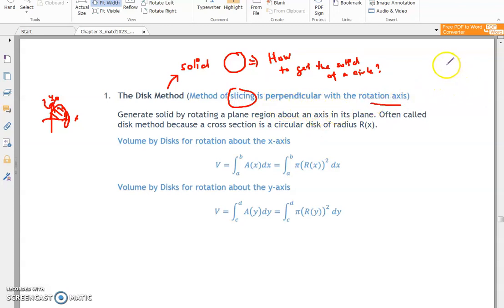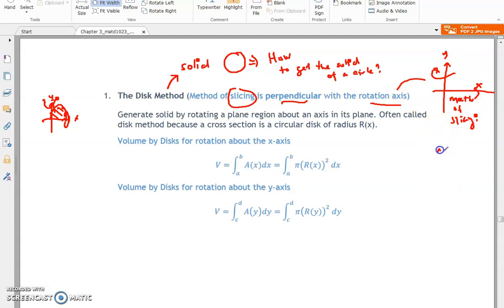So if your rotation axis is the y-axis, we are going to do the method of slicing perpendicular, which means our method of slicing should be on the y-axis. So your method of slicing is something like this on the x-axis. The method of slicing should be horizontal. Method of slicing.